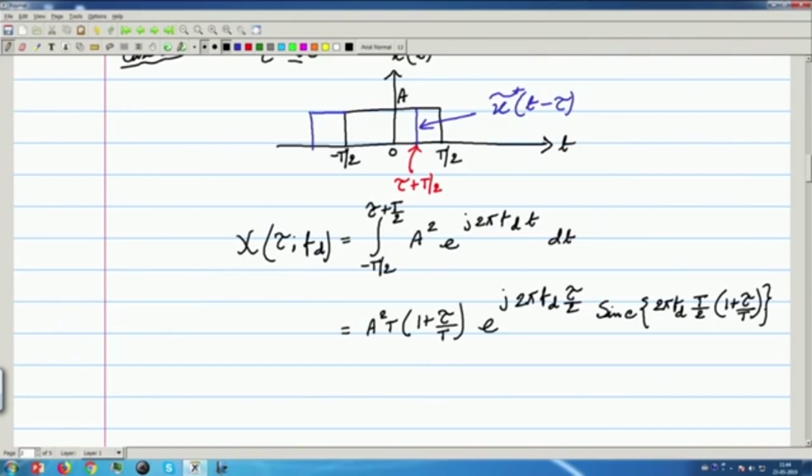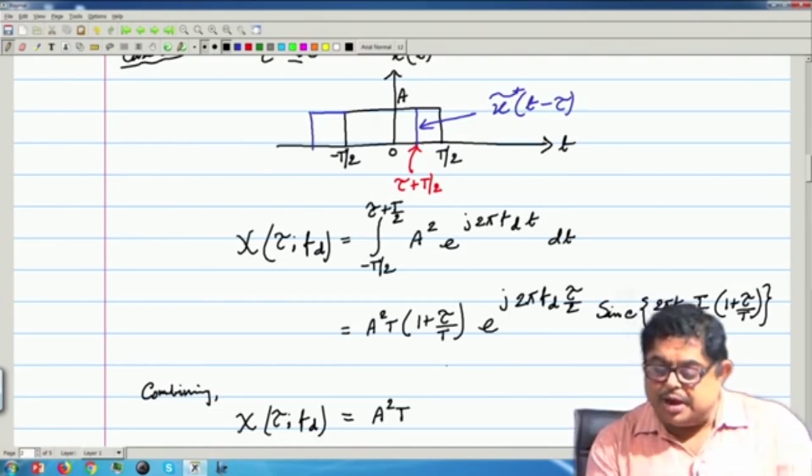So, combining, I can write the ambiguity function for the rectangular pulse, and that is a square t, where 1 minus is for tau positive, and 1 plus is for tau negative.